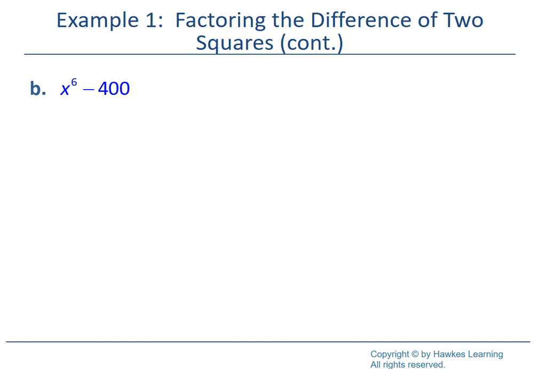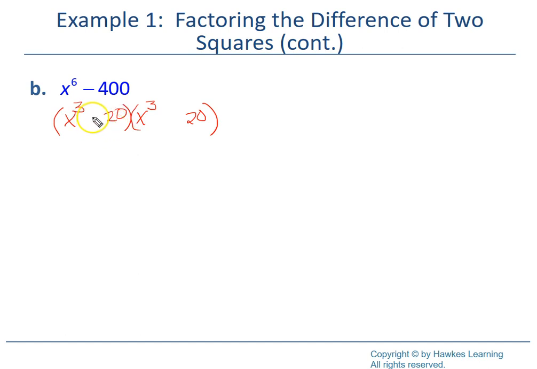Now here, part of it is that you recognize what it is, and again, this is a perfect square. Any power of x to an even number is a perfect square, and 400 is a perfect square. So this will be x to the third, and this is 20 and 20.